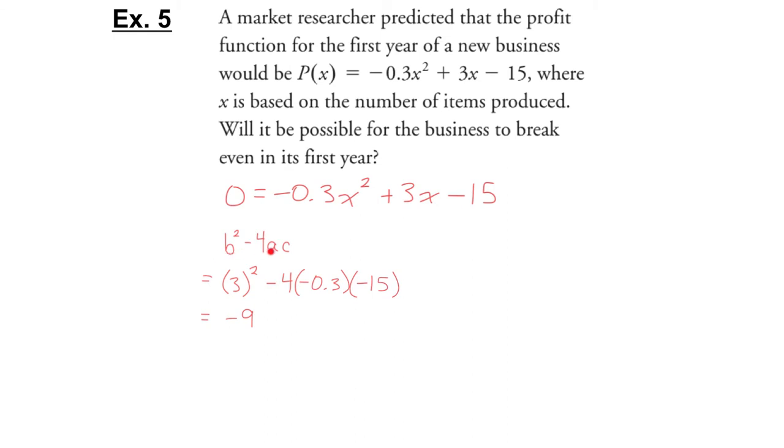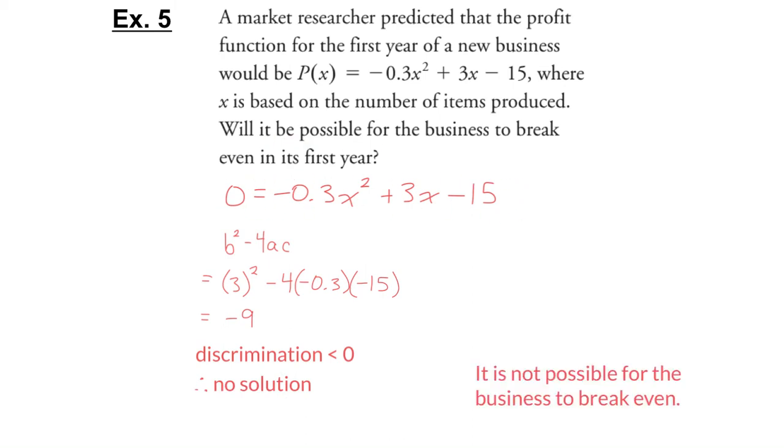Well, b squared minus 4ac. b is 3, a is negative 0.3, and c is negative 15. When I do the math, the discriminant is negative 9. So the discriminant is negative, therefore there's no solution. You cannot solve this equation, which means it is not possible for the business to break even.